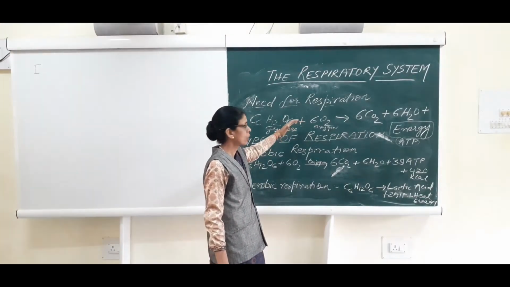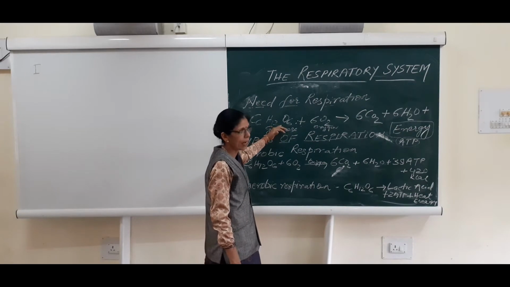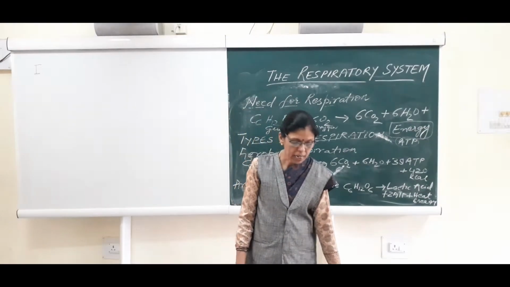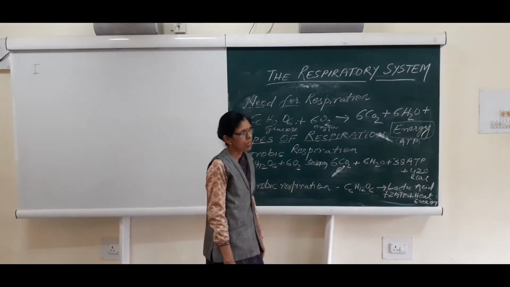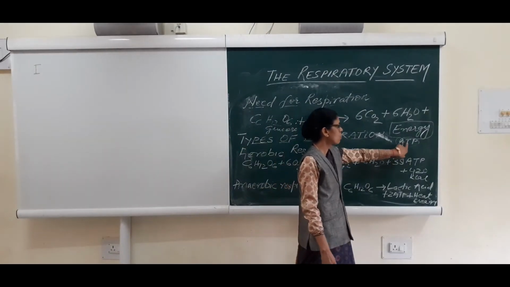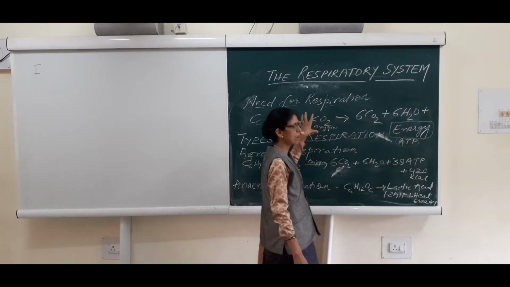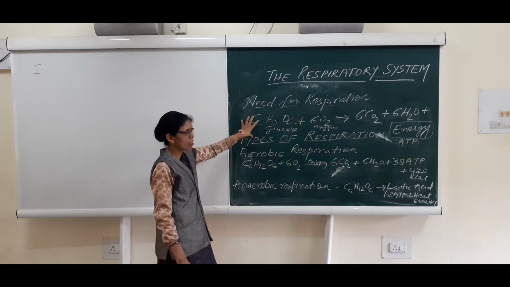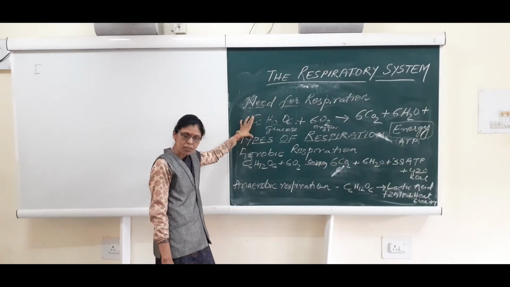Third is that oxidation of glucose takes place. Fourth is that the energy which is liberated is in the form of ATP, that is adenosine triphosphate. These are some basic ideas which this equation gives us.